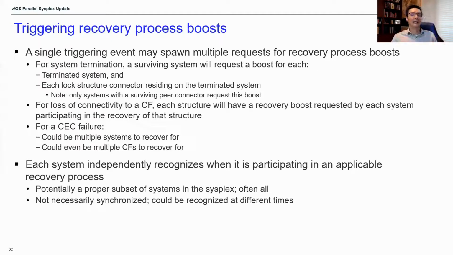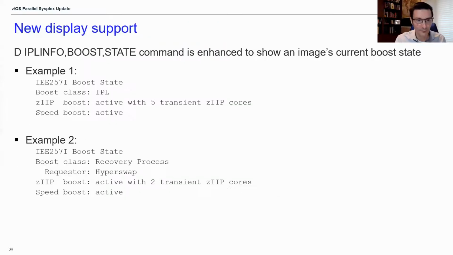So potentially it could be a subset of systems in the Sysplex or all the systems in the Sysplex. But it doesn't have to be all of them. It depends on timing and other factors. And again, it's not necessarily synchronized. It could be recognized at different times. Each system acts independently to request the boost.